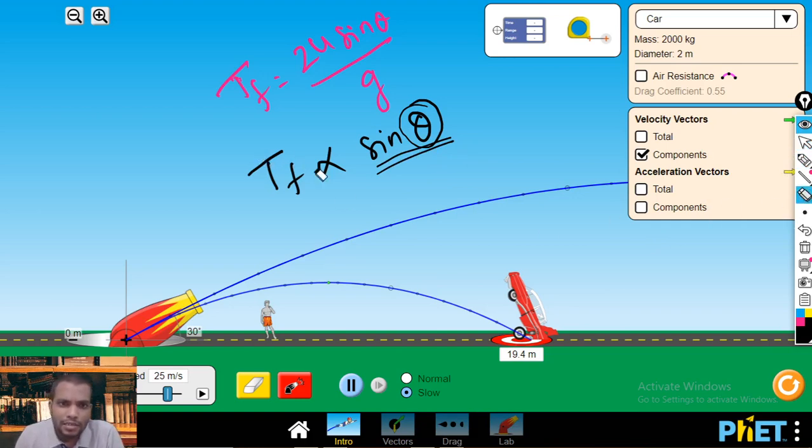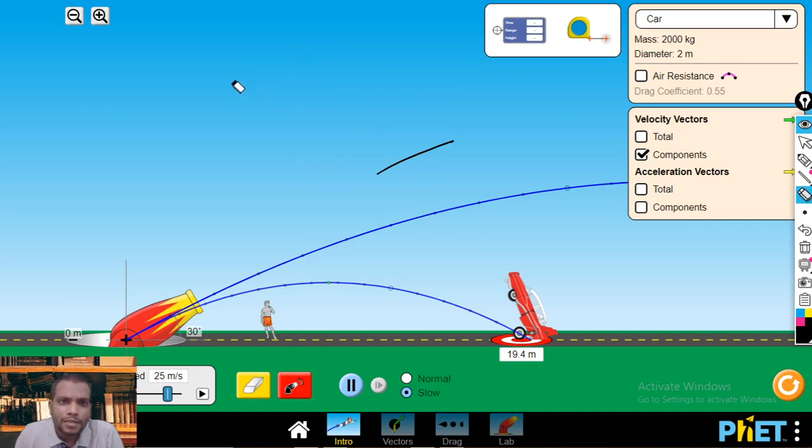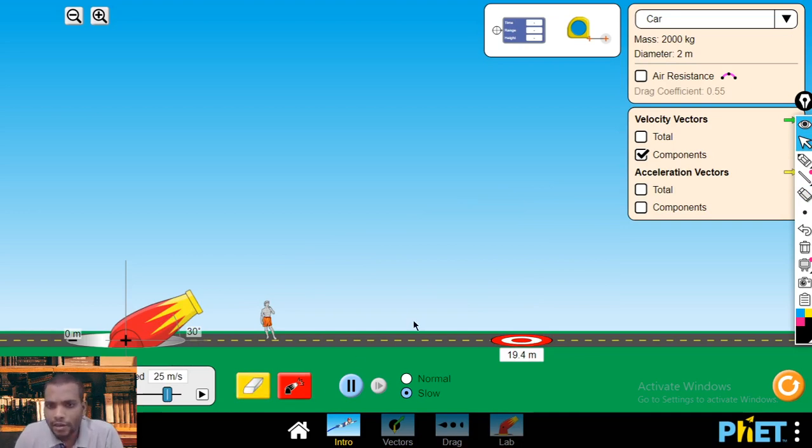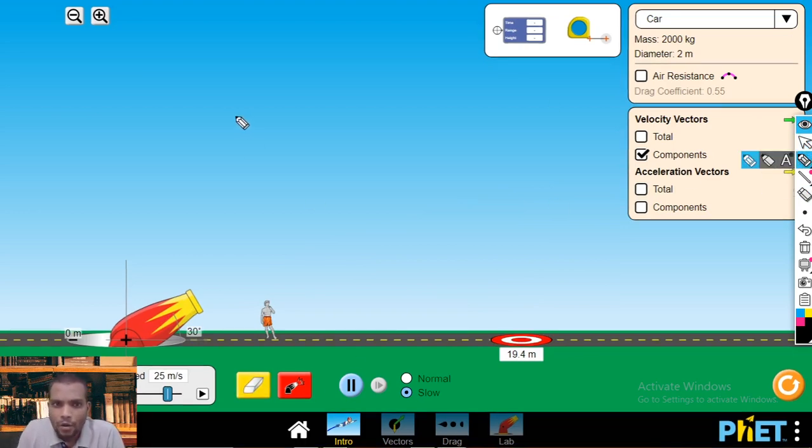Now let us discuss another concept, that is horizontal range. What is the horizontal range? We can get the horizontal range R equal to u square sine 2 theta upon g.